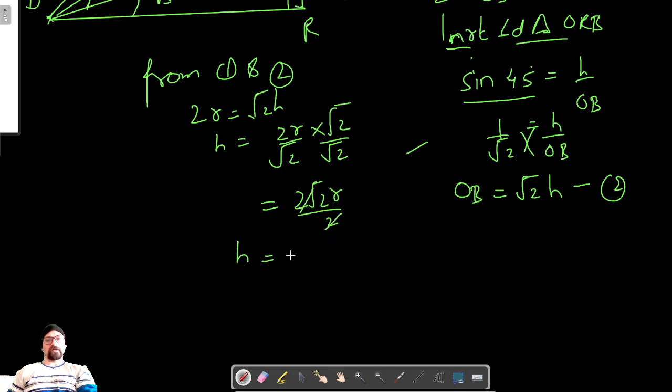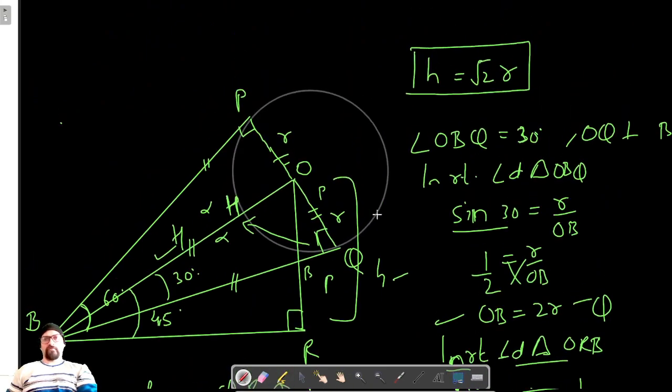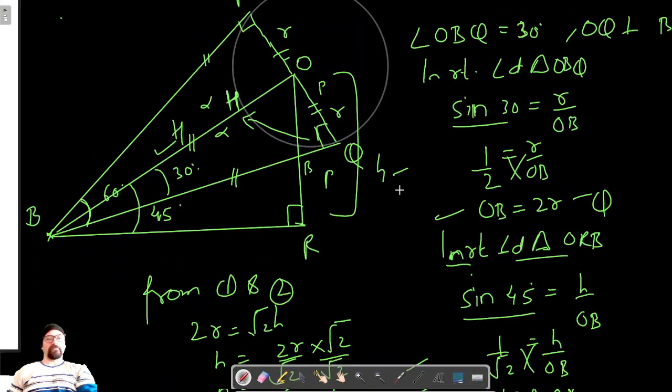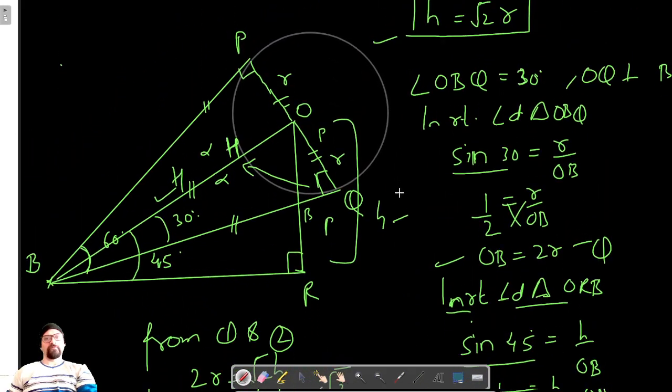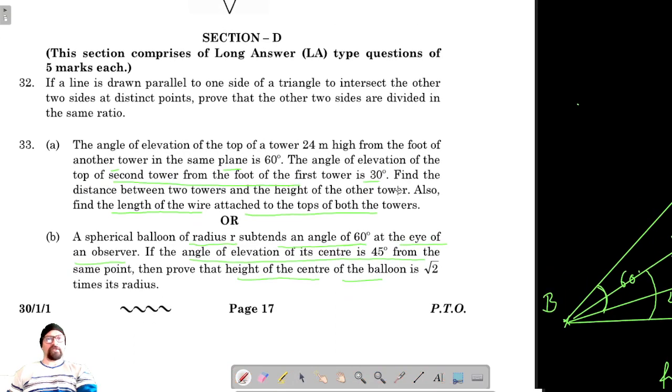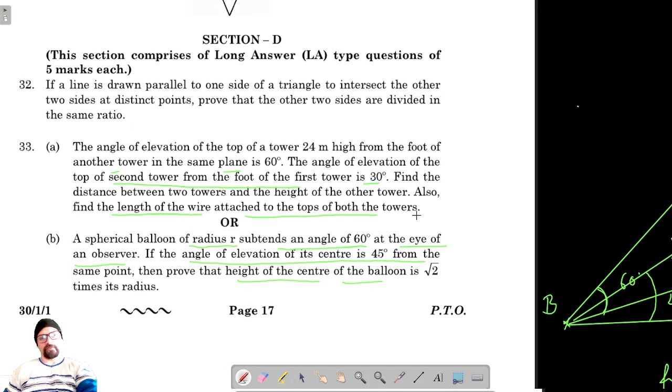So H is equal to root 2R. That's what we had to show: the height of the center is equal to root 2 times the radius of the spherical balloon. And this solves part B of question number 33. Let's move on to question number 34.